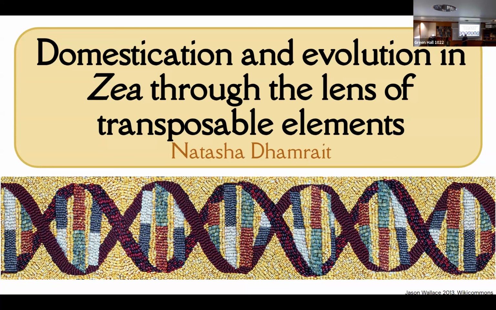And although we have lots of high quality assemblies for maize, where we have full length transposable elements assembled and you can just count them, that was also too easy. So Natasha has chosen to work with short read data in wild populations and heterozygous material.